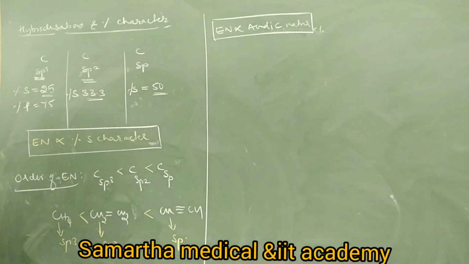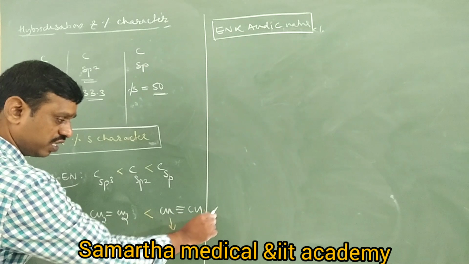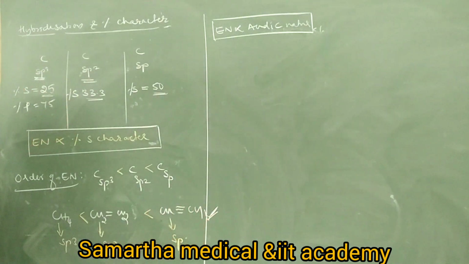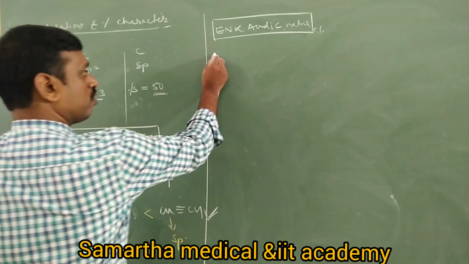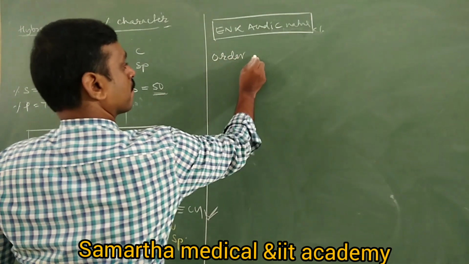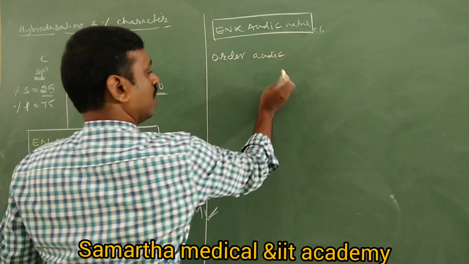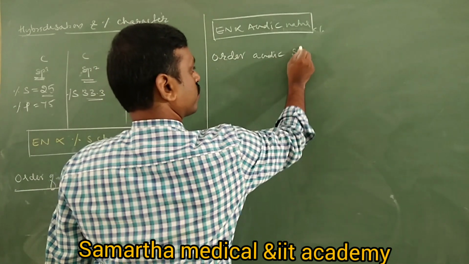Now compare the acidic nature of methane, ethene, and ethyne. Which is more acidic? Ethyne is more acidic, which means ethyne can produce a proton easily. So the order of acidic strength.